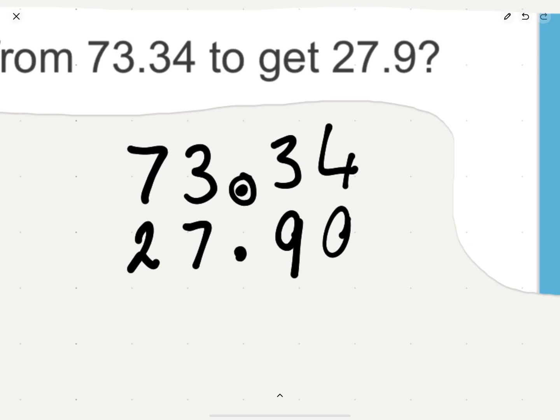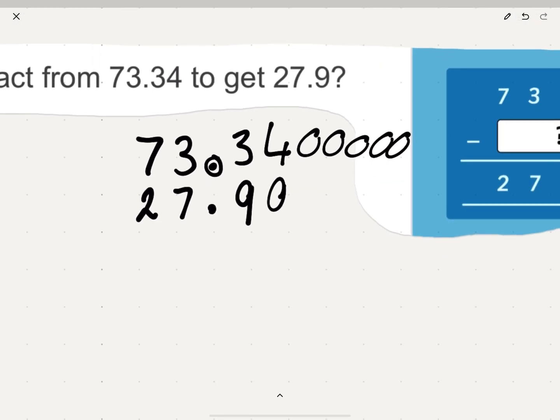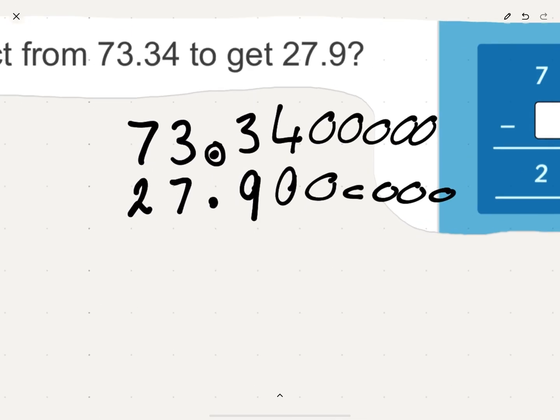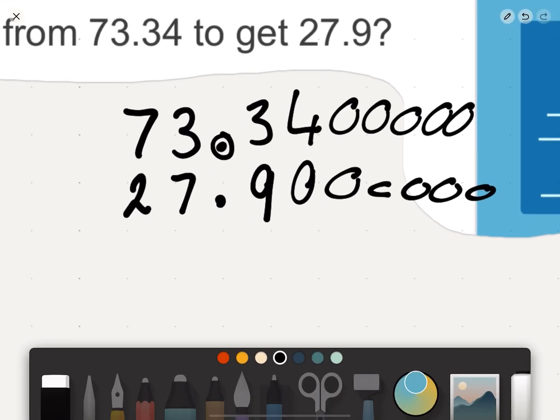Obviously you don't need this, but I'm just proving it to you. This number, 73.34, is actually this, with infinite zeros going off and off, and so is this one. But we don't need them. There's nothing in those place value columns, so we just waste it. Imagine sitting there going, 0 add 0 is 0, 0 add 0 is 0, and doing it forever.